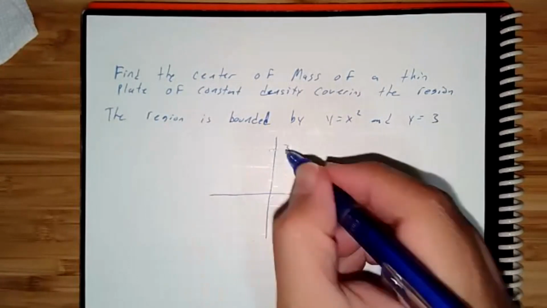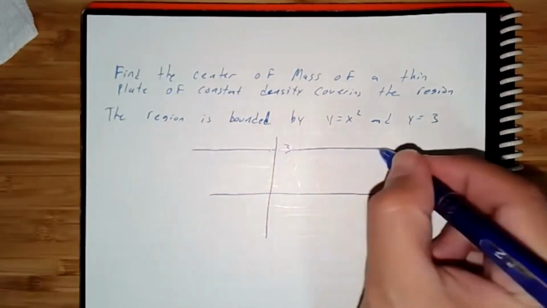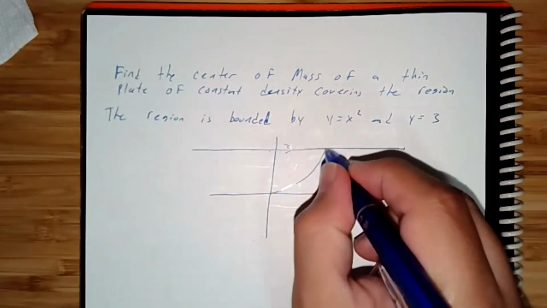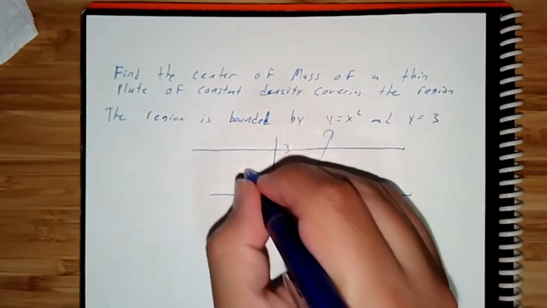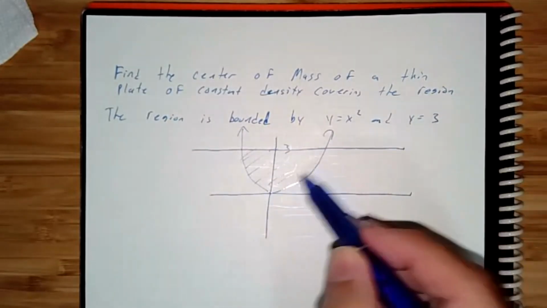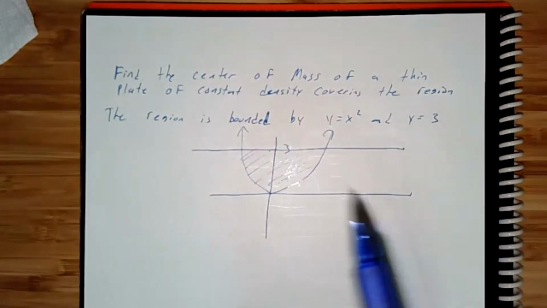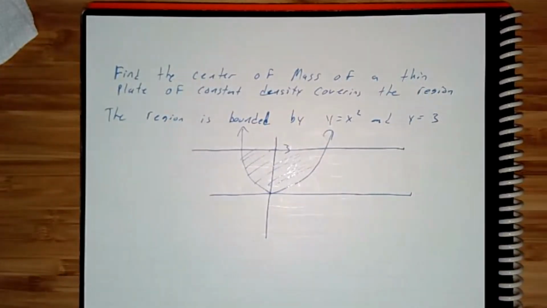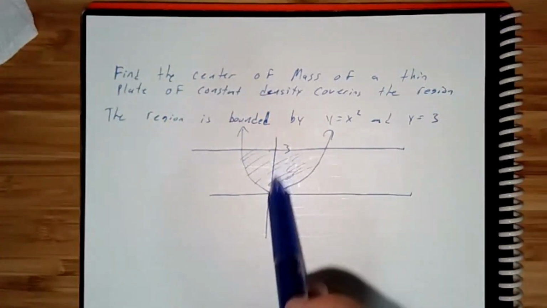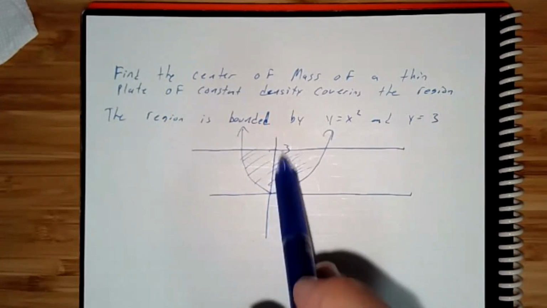So let's say 3 is right here. We have a line going this way, and we have some parabola going out this way, like this, right? So here's the region. So you can see that the center has symmetry, right?